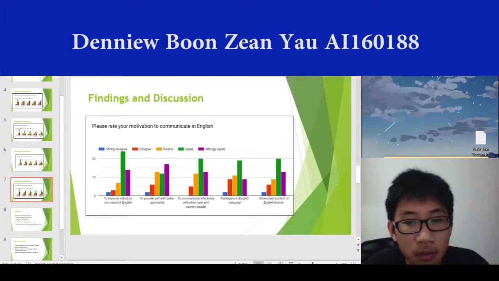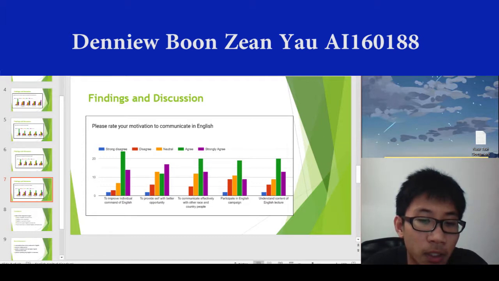It also shows in the last two factors, which are participating in English campaigns and understanding the content of English lectures. So the graph shows that most of the participants have the intent and motivation to learn the English language better and to have better English communication skills.